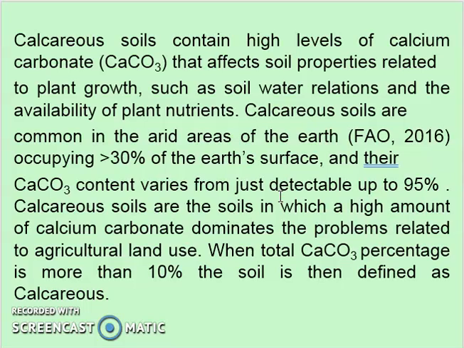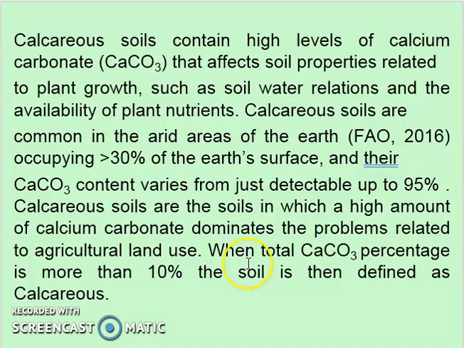You may find undetectable calcium carbonate content to a percentage equal to 95%. When the total calcium carbonate percentage is more than 10%, the soil is then defined as calcareous.